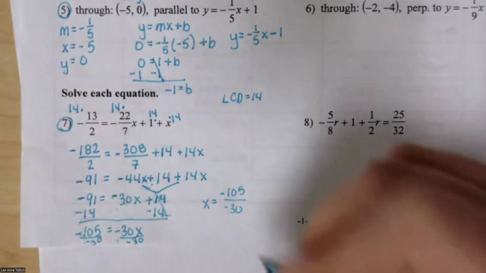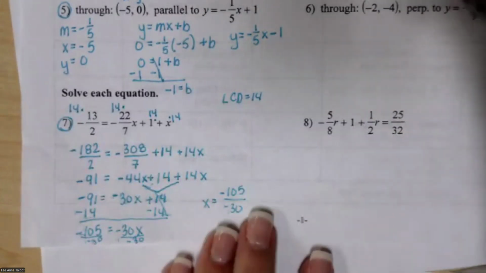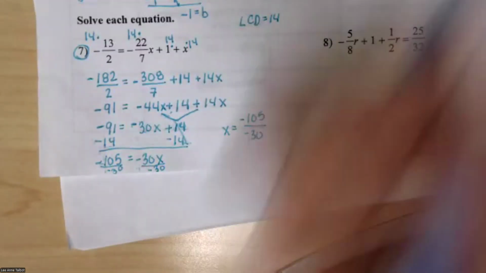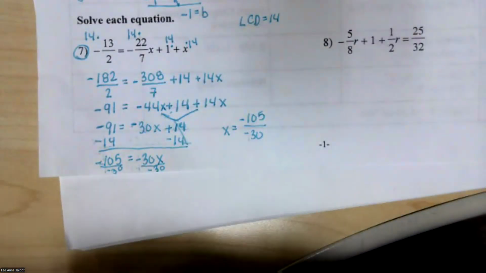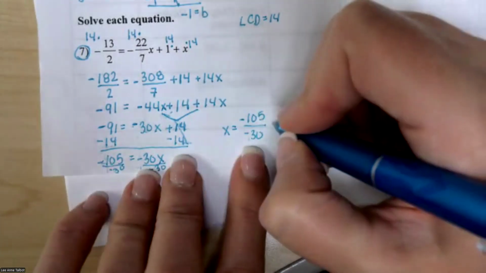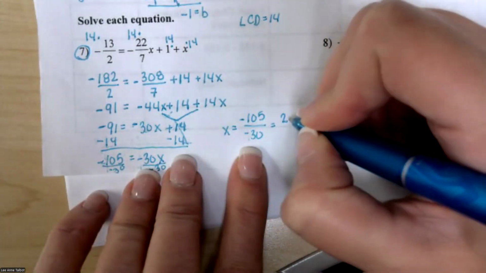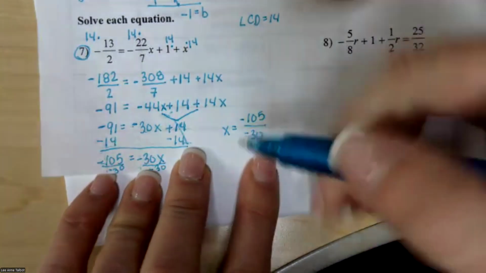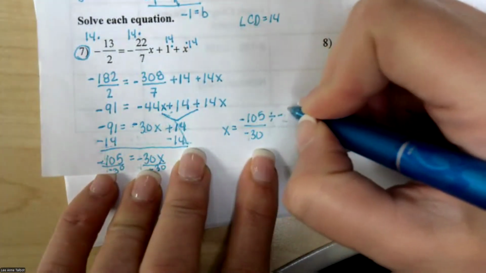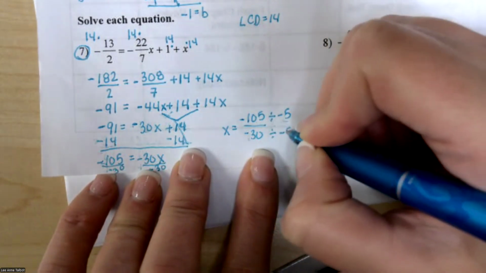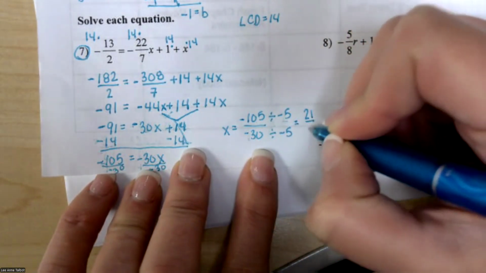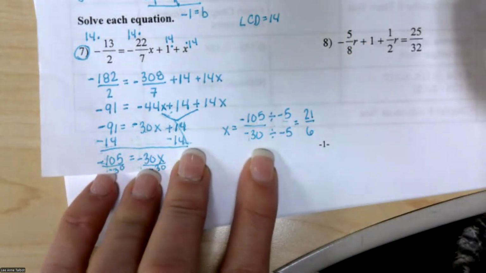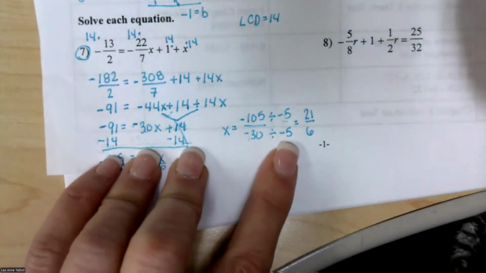Okay, now I know the negatives cancel, and I know 5 goes into both of these. Oh, it's even more, isn't it? Because 3 goes into those.